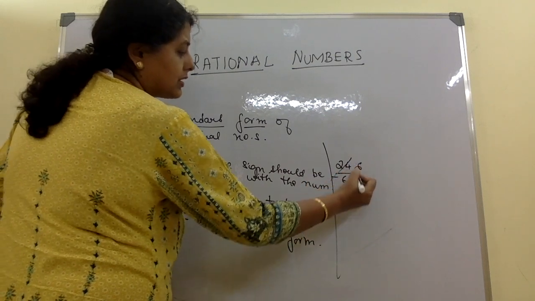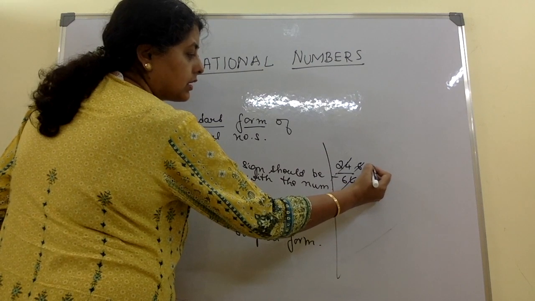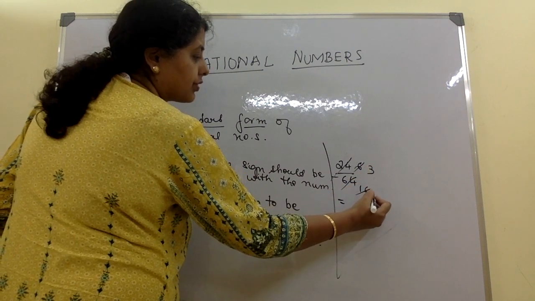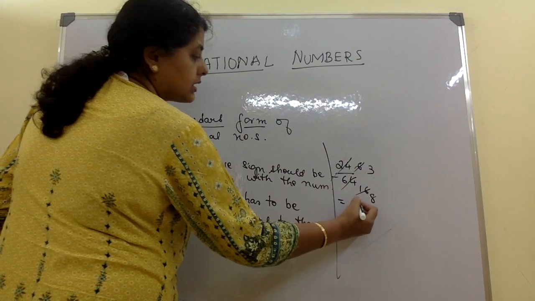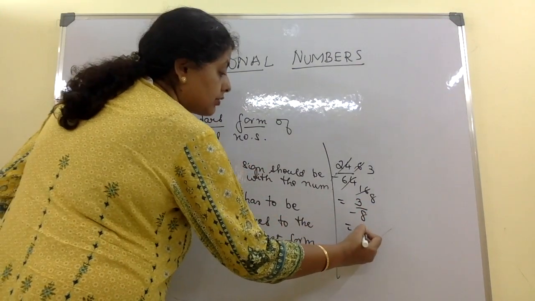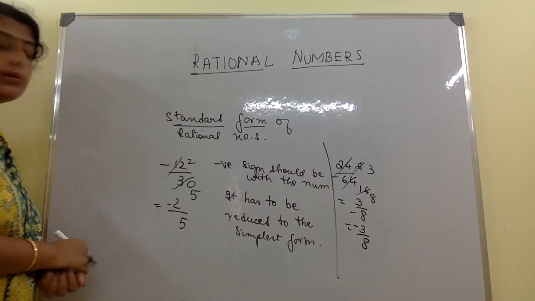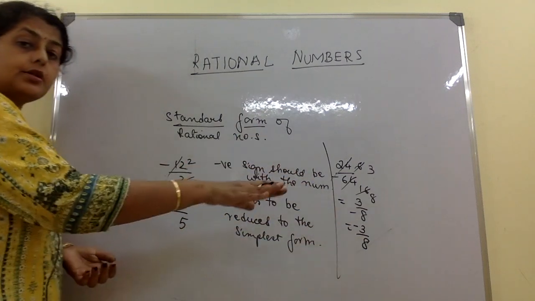First with a 4 only. 4 6s are 24, 4 16s are 64. Further with a 2: 2 3s are 6, and 2 8s are 16. Okay, so it is 3 by minus 8, but that is still not the standard form. So minus 3 by 8, that is my standard form. Okay, so this is my standard form and I can't reduce it any further.